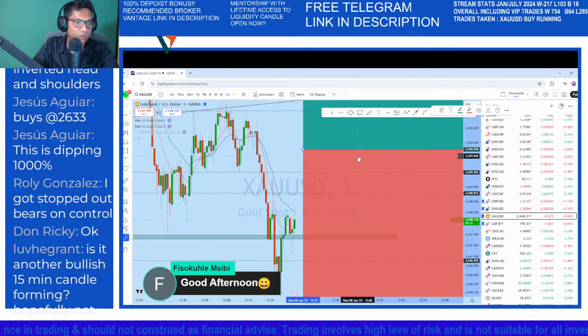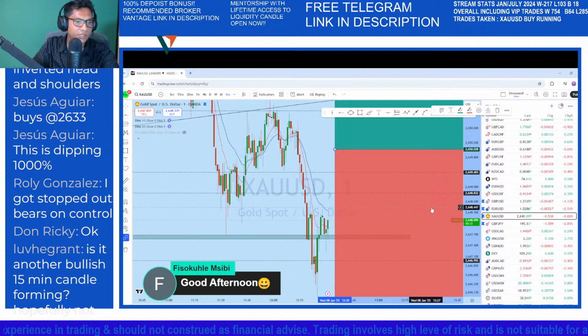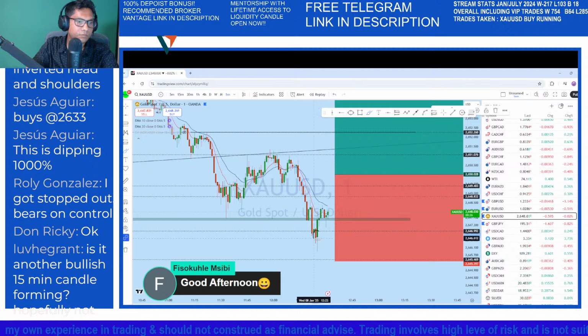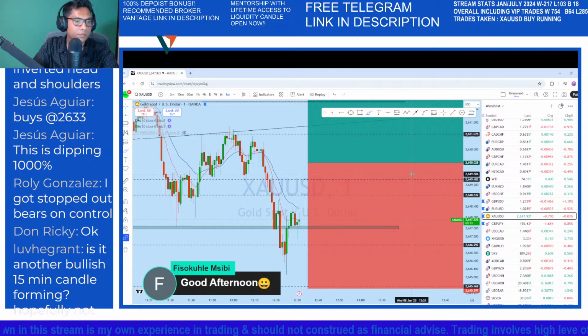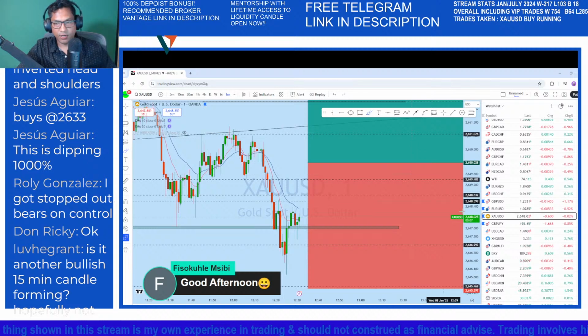Want to see the volume in the market, and here if it is forming that inverted head and shoulder again, here could be in that direction. The bulls are still not very strong, but slowly trying to pick up.